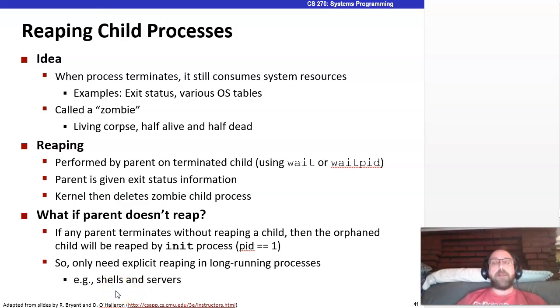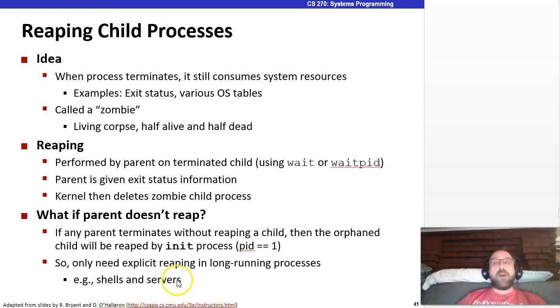Every command you type, everything you run goes into at least one and maybe more child processes. And when those child processes exit, we really want to reap them. Not only so we know the exit status, but because if this shell is running for a really long time, that could be a lot of zombies.